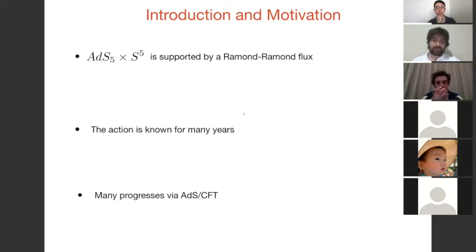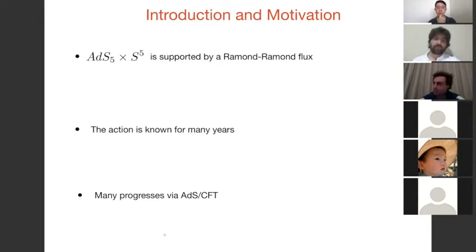But the action has been known for many years. It appears in the first paper on the pure spinor formalism. And there has been a lot of progress in understanding strings in this background via AdS/CFT. There are many techniques, integrability, we saw also in the last talk.